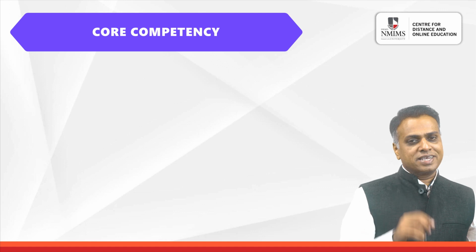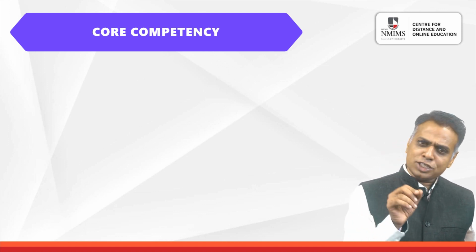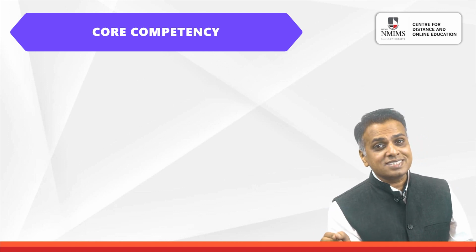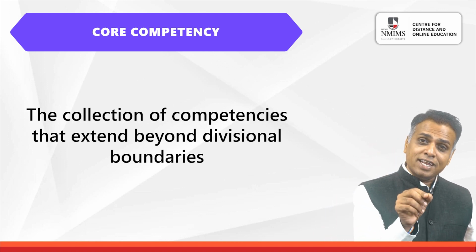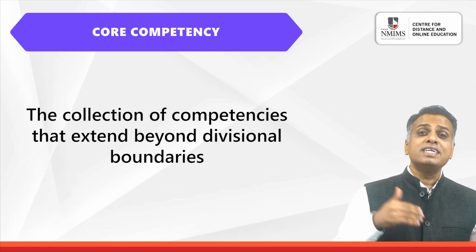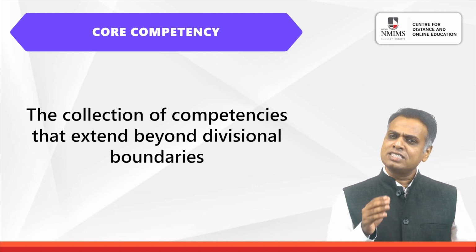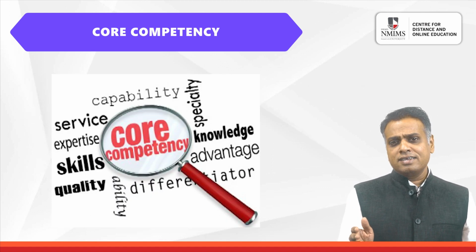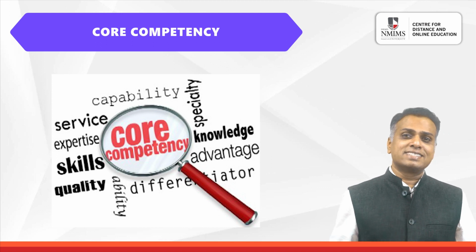A core competency is a collection of competencies. Now we are moving on to the core competency piece, where it is a collection of competencies that extends beyond divisional boundaries and is widespread within the corporation. It's something the corporation excels at.